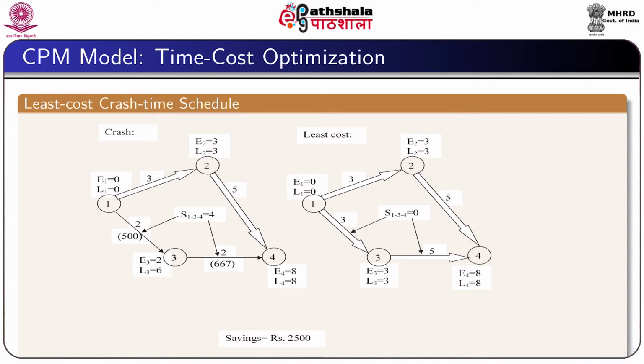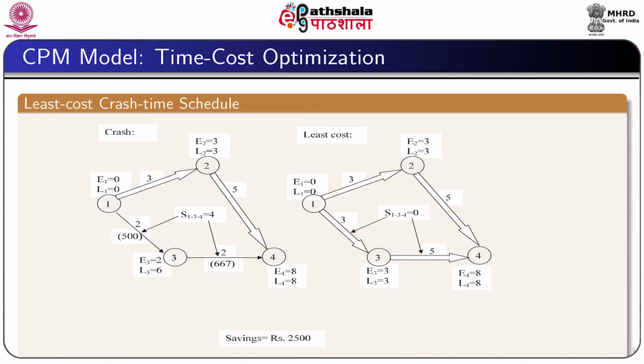For every week of expansion of the activity 1-3, we can save 500 rupees, and for every week of expansion of the activity 3-4, we can save 667 rupees. Since the expansion of the activity time in the activity 3-4 is more beneficial, we can expand the activity time of the activity 3-4 as much as possible.